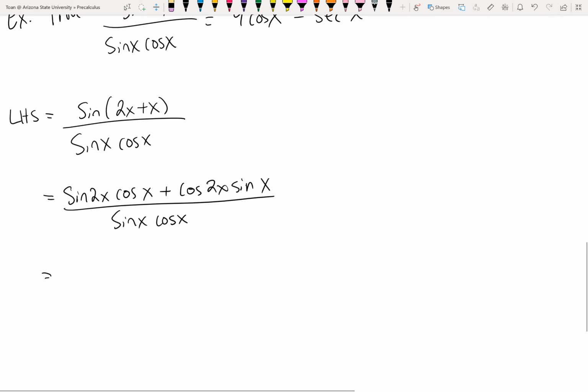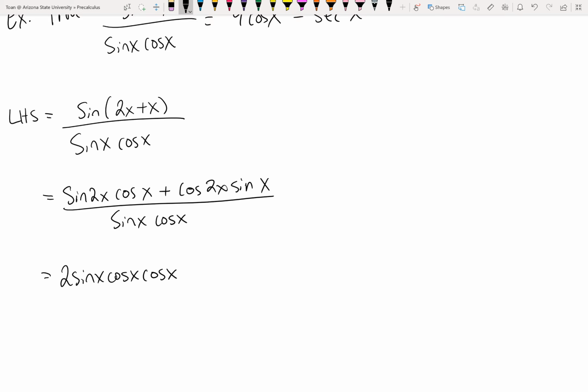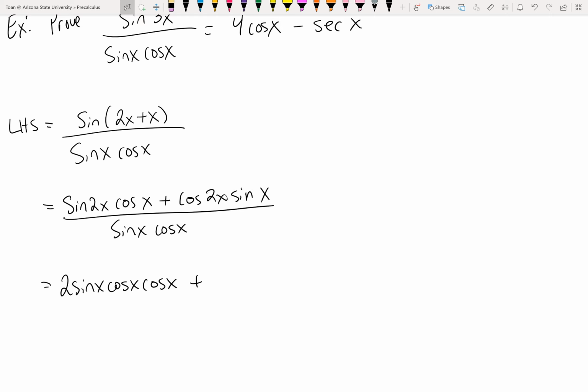So let's continue onwards. Well, I hope you guys can see that we have a whole bunch of double angles, and we have formulas for that. So sine of 2x, I know is going to be 2 sine of x, cosine of x, another cosine, plus, and then cosine of 2x. We have 3 variations. Which one do we choose, right? Which one's the right one? And again, there is no real wrong or right answer.